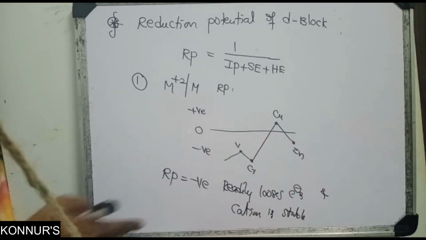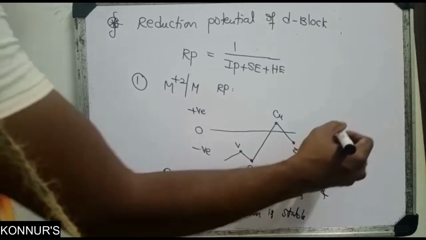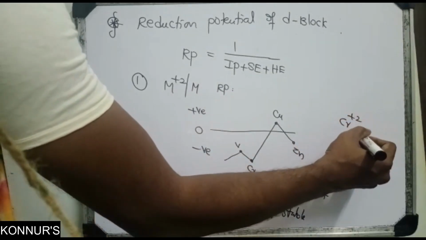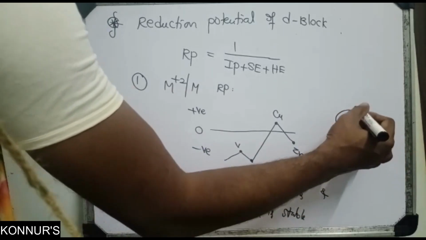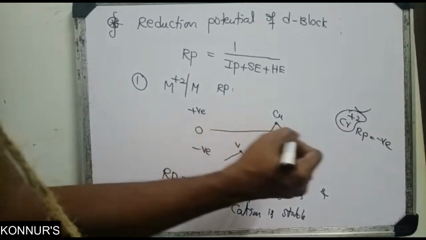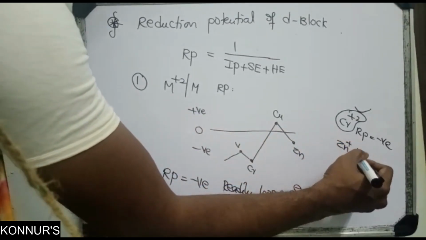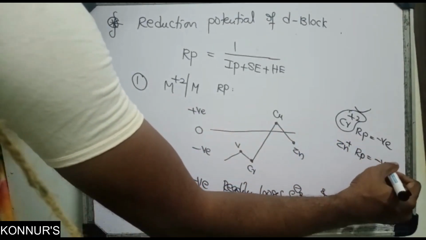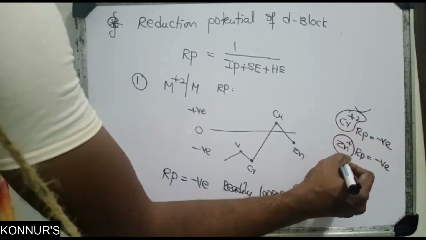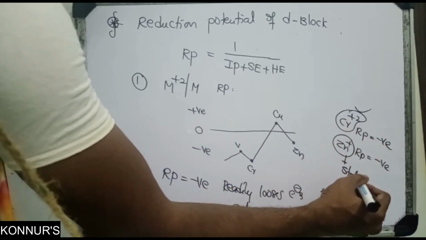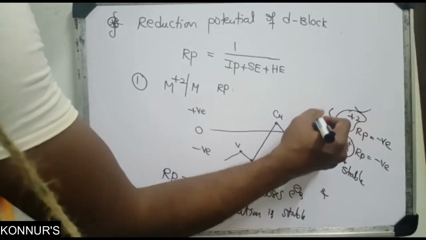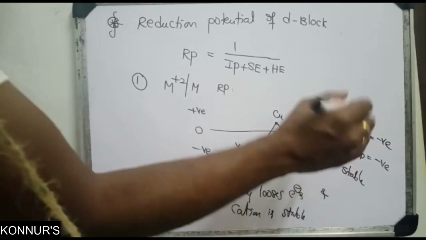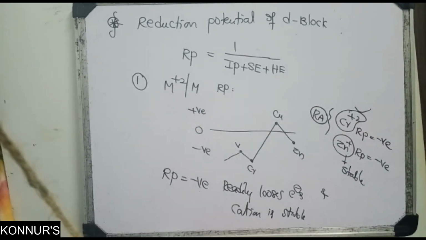Suppose you take chromium, Cr+2. Its reduction potential value is negative, so Cr+2 is stable. Next, Zn+2 reduction potential is also negative. So zinc +2 and chromium +2 are stable. They readily lose electrons, so these two are reducing agents. A negative value means it is a reducing agent.